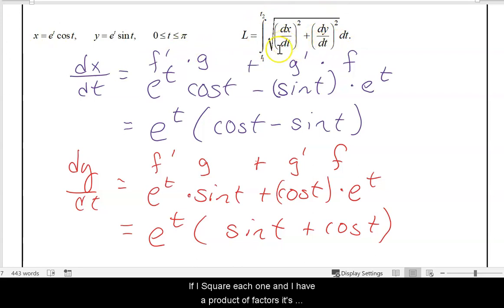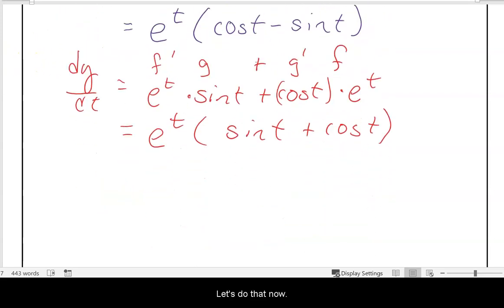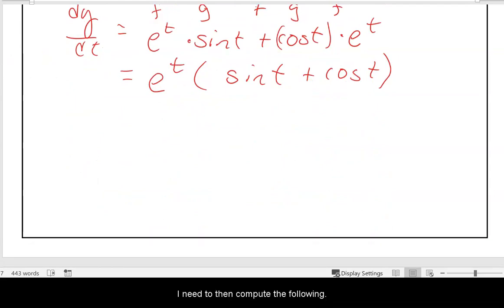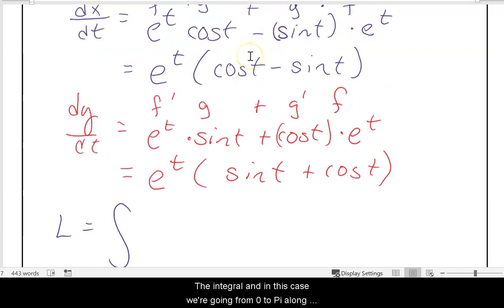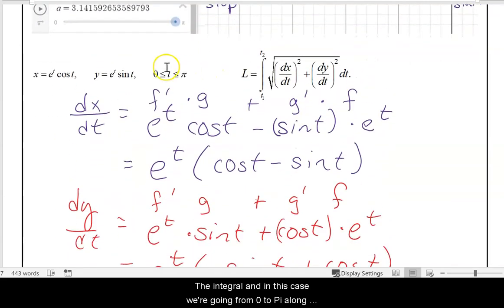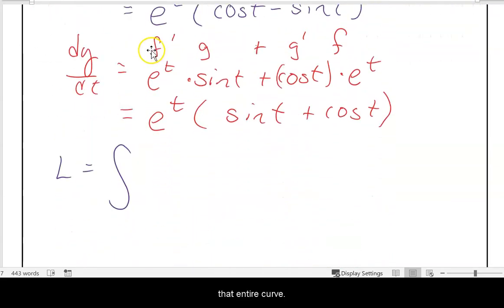If I square each one and I have a product of factors, it's like squaring each factor individually. I'm going to write each one of them and put them under the radical. Let's do that now. I need to then compute the following. The length of this will be equal to the integral, and in this case, we're going from 0 to pi along that entire curve, from our first t value to our upper t value.